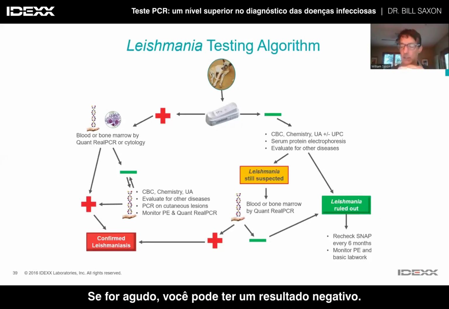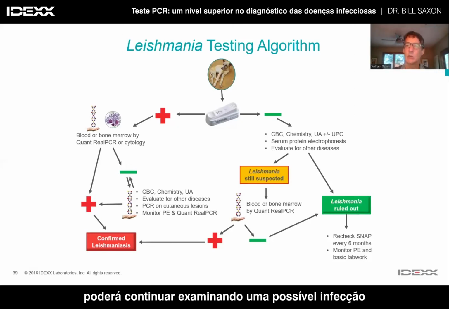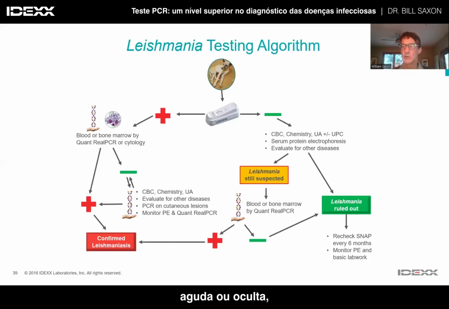Or if it's acute, you might get a negative result. If you get a negative result in that setting, you would want to continue to pursue possible infection that's either acute or hidden by looking at your minimum database and considering running a PCR test, okay?